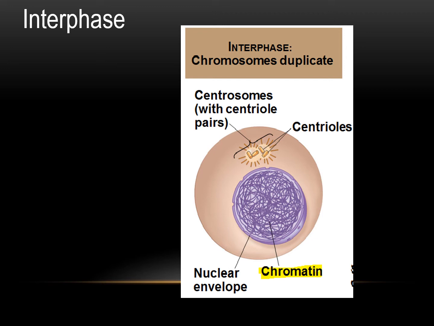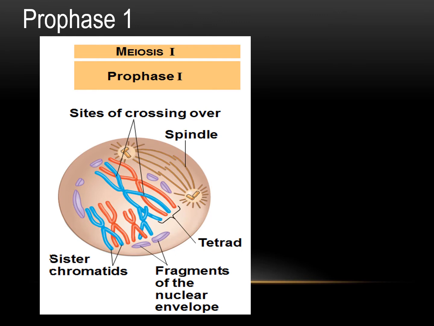We also have the organelles centrioles, which start to play an important role, but we'll talk about centrioles on our next slide. So interphase has taken place, and we can now enter into our process of meiosis.